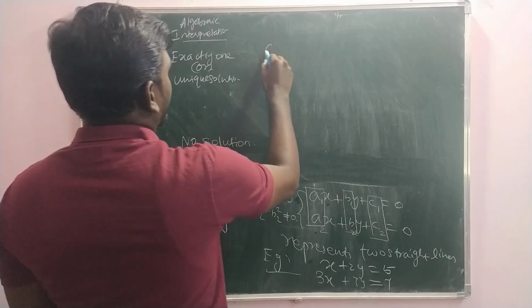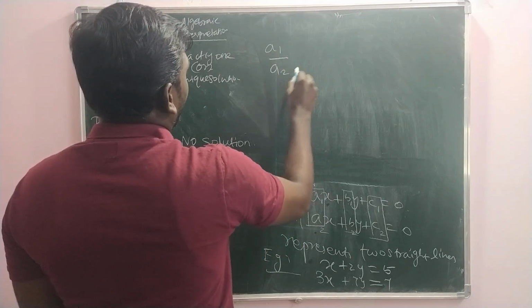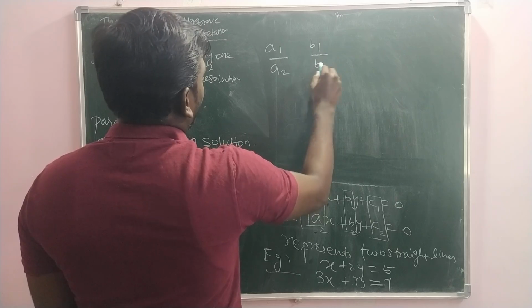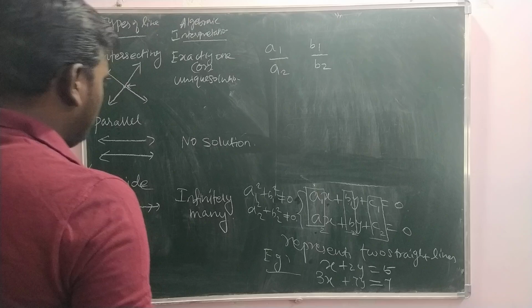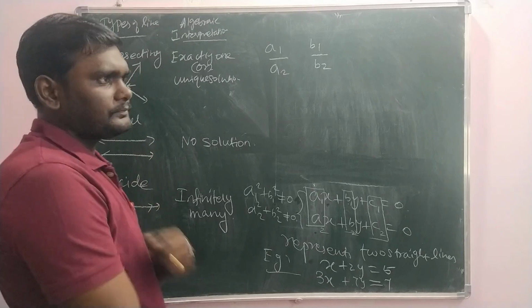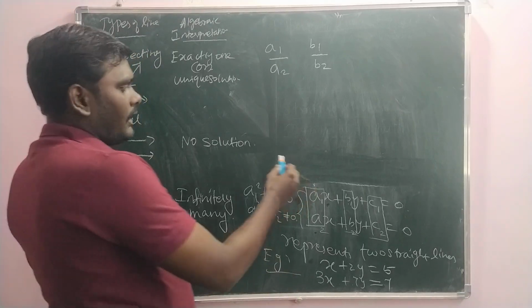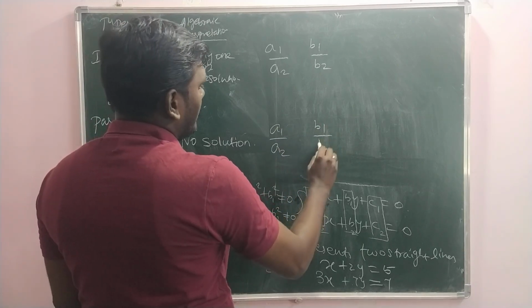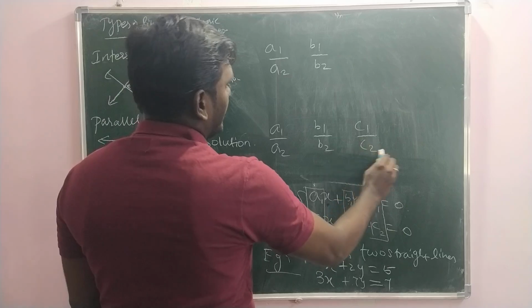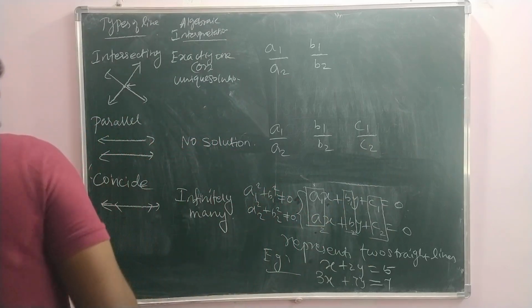The ratios are a1 by a2, b1 by b2, and c1 by c2.